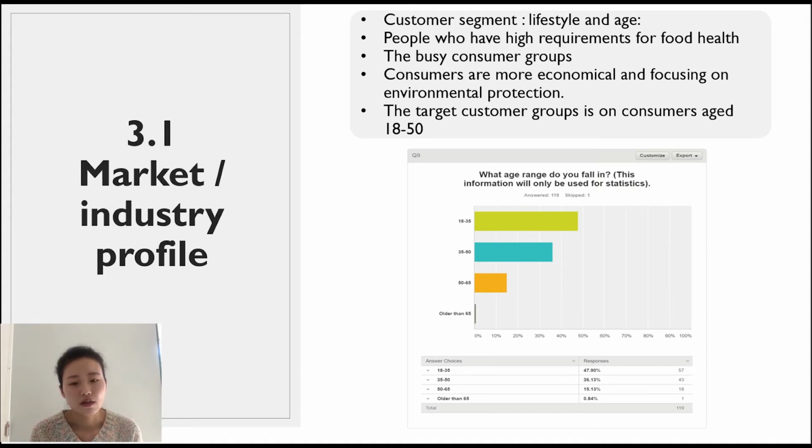For the age segment, according to the demographic survey, people who need food reminders aged 18 to 35 account for 48% of the population. Besides, consumers aged between 36 and 50 who need reminders account for 36%. So our target consumer group is aged 18 to 50, focusing on health and busy lives.